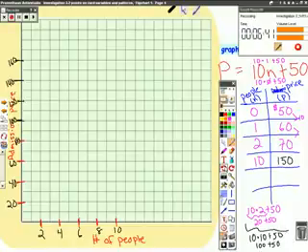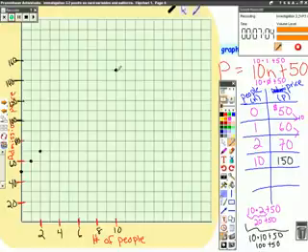Okay, my fault. At 0, it's 50. Knew something was wrong. At 1, it's 60. Can you hear the ice cream truck? That's really annoying. At 2, it's 70. And then we jump to 10, which was 150, which is right there.